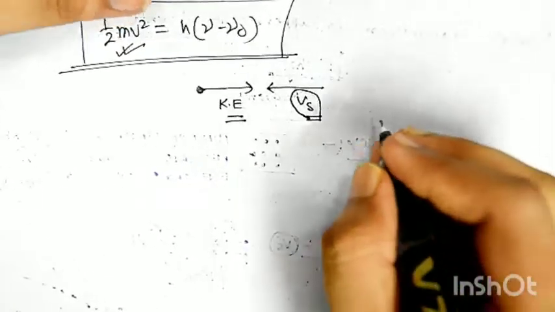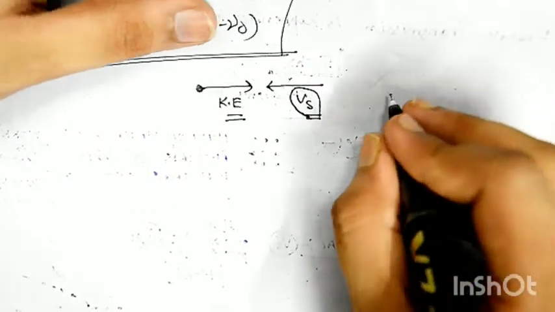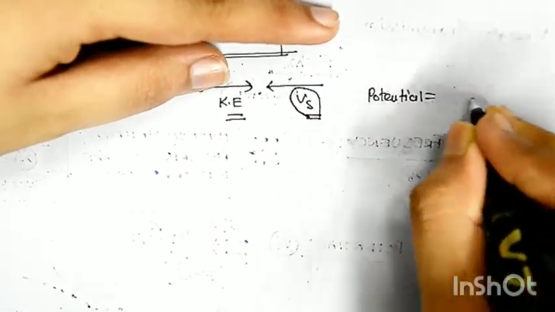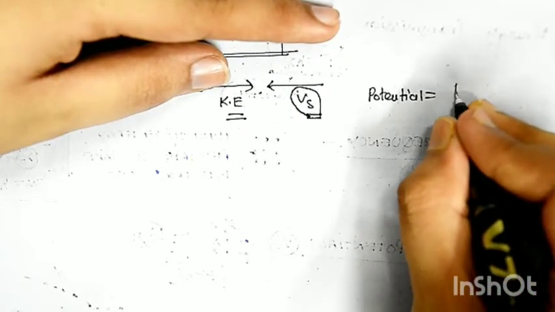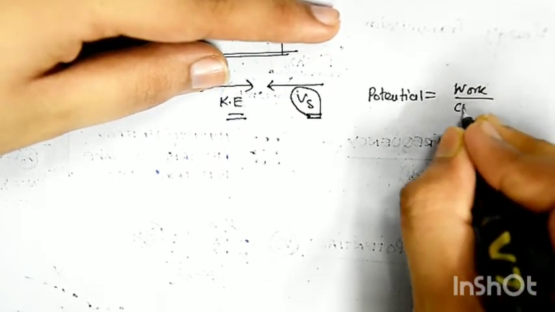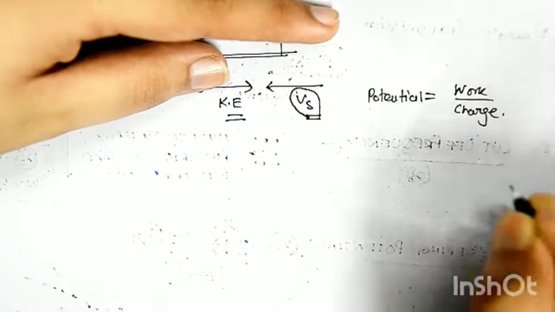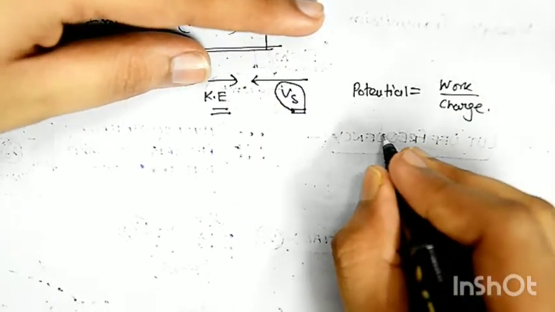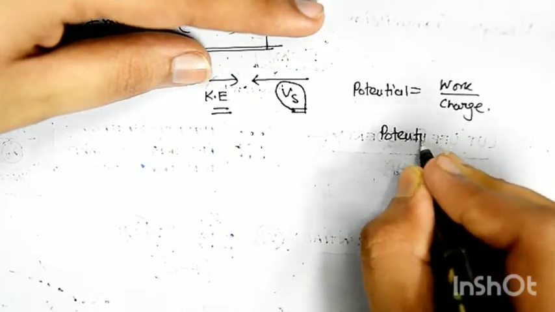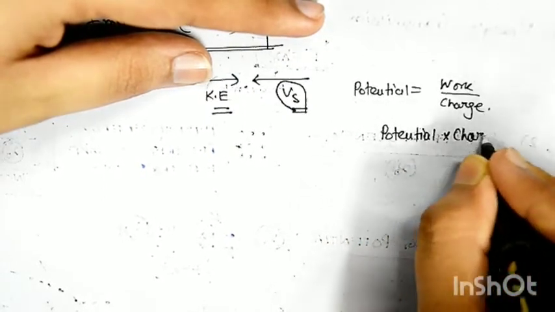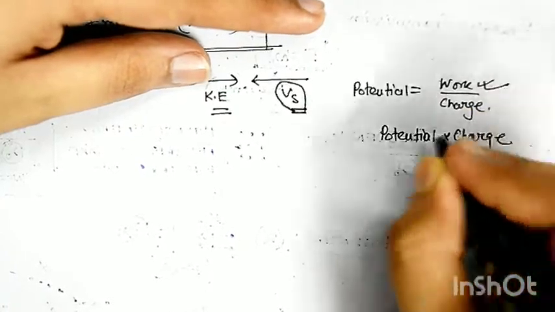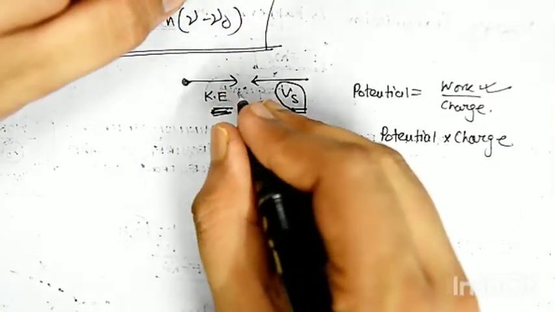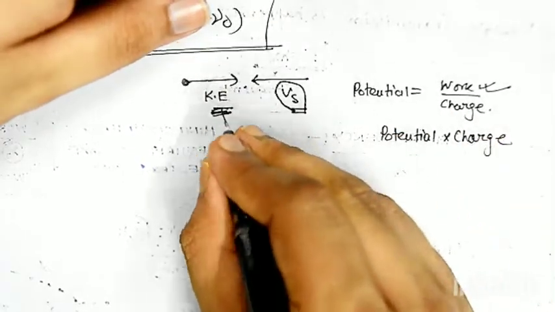And what is potential? Potential is the work done or energy per unit charge. So work, or basically it's also a term of energy, is potential into charge, and this work is equal to how much we need to stop this kinetic energy. So this is also equal to the kinetic energy.